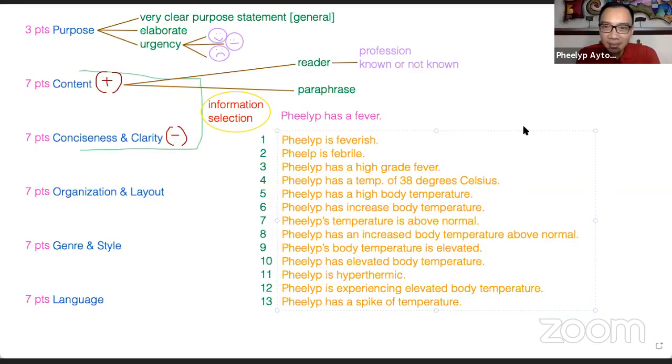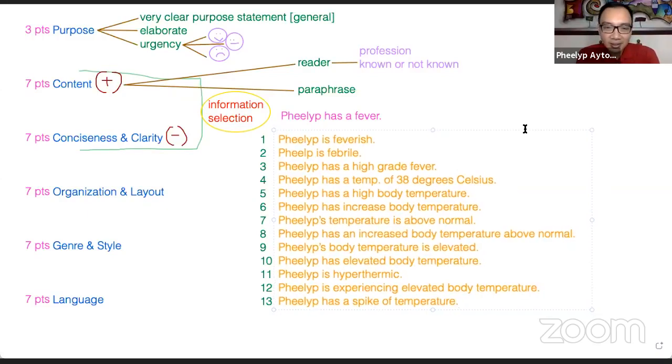When you say Philip has a fever, sure or not sure that he has a fever? Sure tayo o hindi sure that he has a fever? Philip has a fever. Yun yung nakasulat. Sure or not sure? Sure. Kasi nakasulat he has a fever. Right? So we're sure about it.